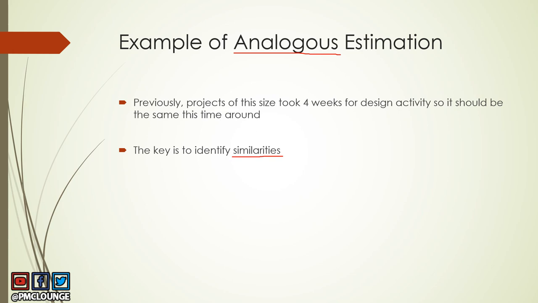You cannot compare apples and oranges. That is the reason why analogous estimation will not work in projects or activities which are not similar. So similarity is the one thing you need to take care of in this technique.